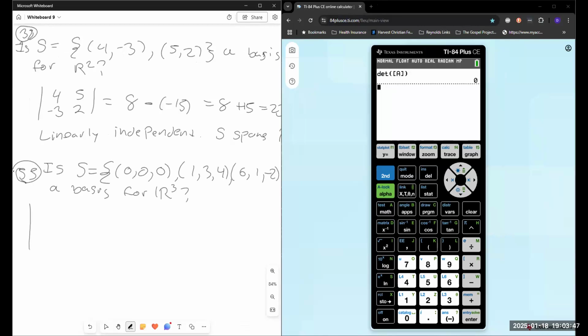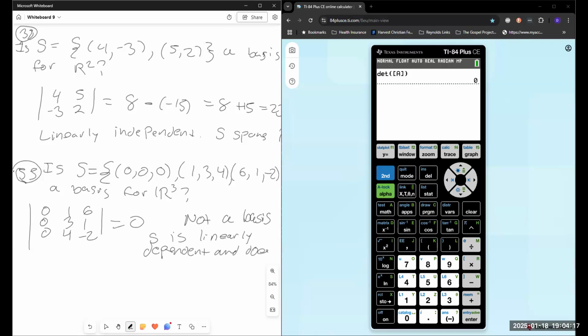So we're going to take the determinant of this, and we get clearly that the determinant is 0, which means that it's not a basis, because S is linearly dependent and does not span R3.